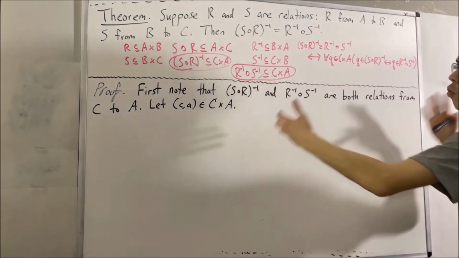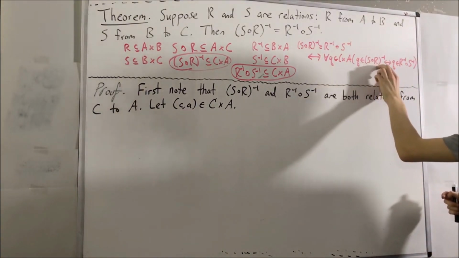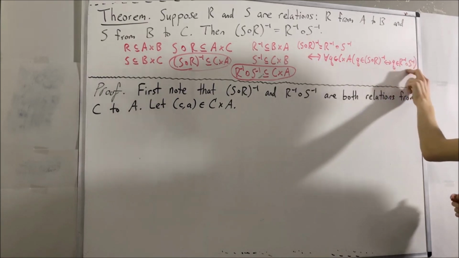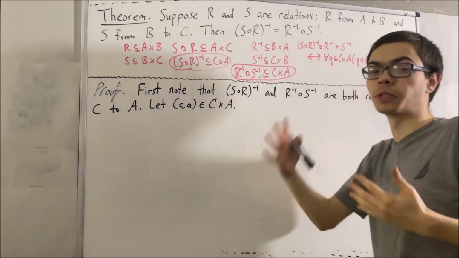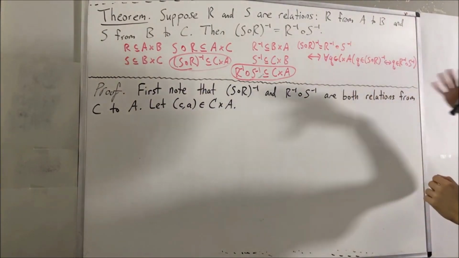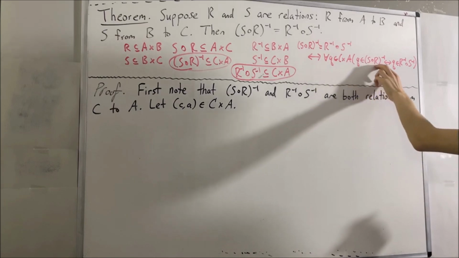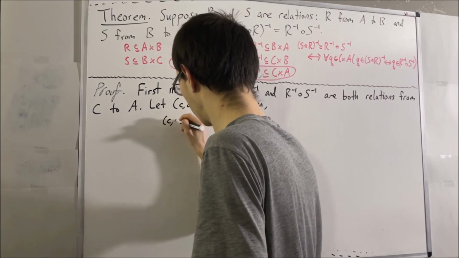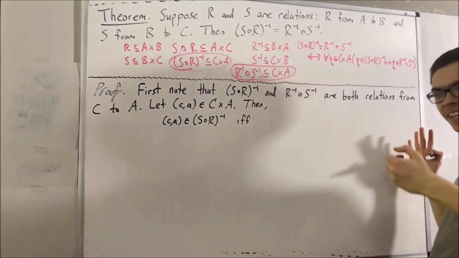And now, we want to show that C comma A is an element of S compose R inverse if and only if C comma A is an element of R inverse compose S inverse. And we're going to do so by establishing a chain of if and only ifs. Now, let's start by writing that C comma A is an element of S compose R inverse if and only if what?